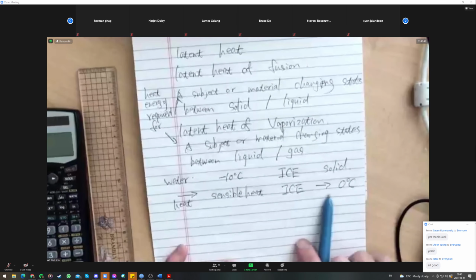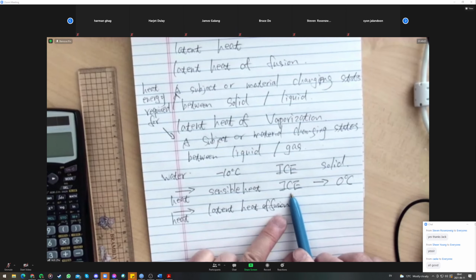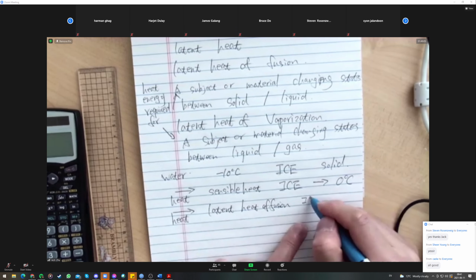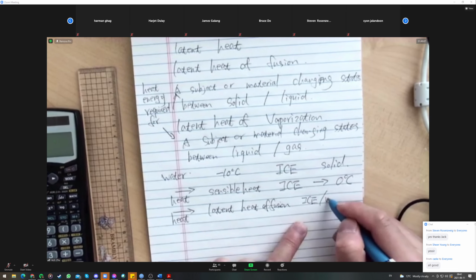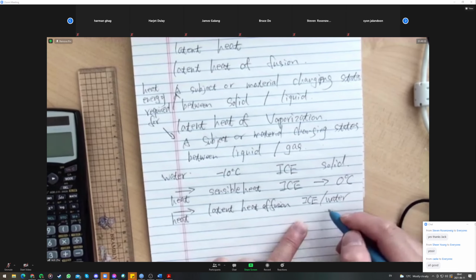Once the ice temperature reaches 0 degrees, it's going to be absorbing the latent heat, the latent heat of fusion. The latent heat of fusion starts making the ice melt. So now you have an ice and water mixture.